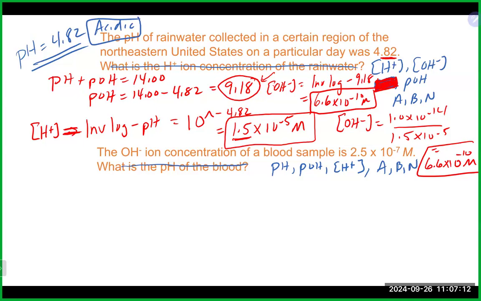That commonly happens because people calculate the pH and go, it's less than 7, it's acidic, and then they calculate the pOH and go, it's above 7, it's basic, for the same solution. It can't be both. It can only be one. I've never had anybody give me all three though.